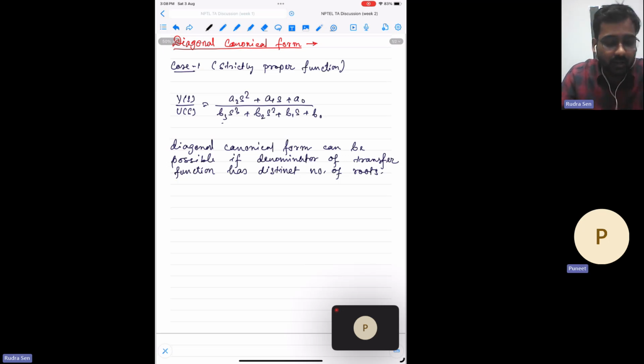In further lectures, you can see that these are basically transformations of matrices. When we do similarity transformations, we can say that if a system has different eigenvalues, that means the eigenvalues of matrix A are distinct, then the system is diagonalizable.